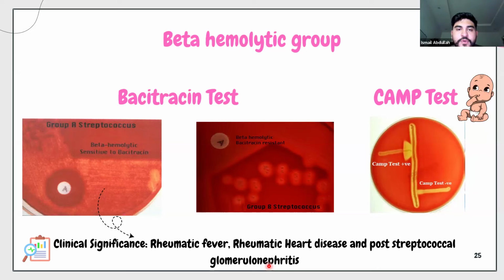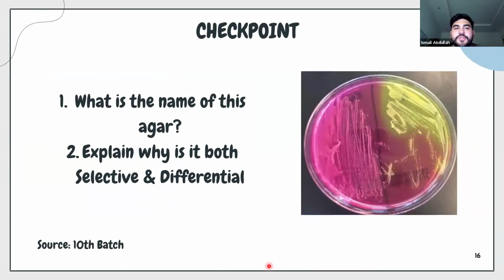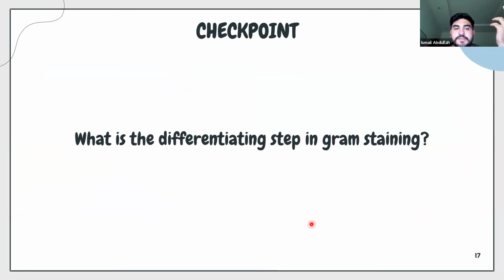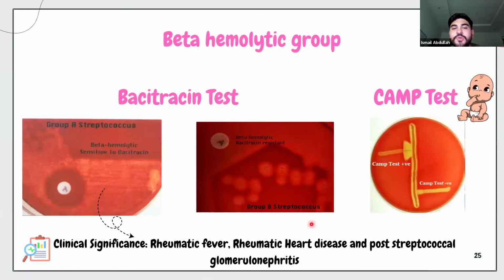So if we go back, look, this is a short answer question in OSPE. This is actually from the 10th batch. They would tell you, okay, name this agar, explain why it is selective differential. This is an example. If you just wait, you'll see I've also added other questions exactly OSPE style.